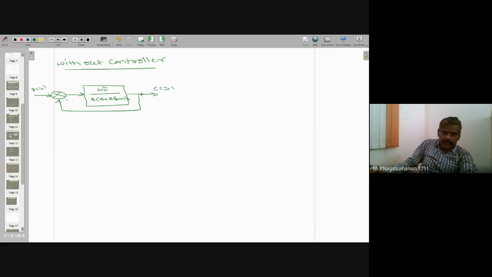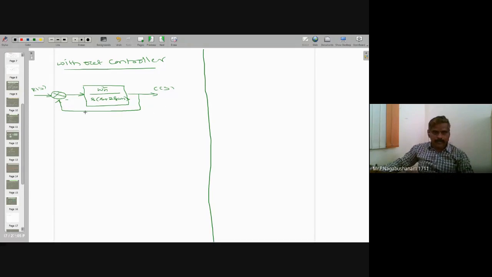Signal direction is very, very important. So in this case, H of s equal to 1. Let me make a difference between these two. This is the standard closed loop transfer function system.